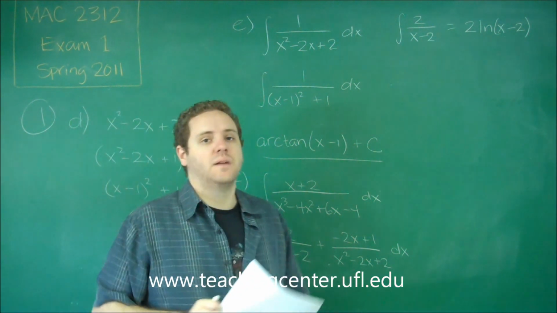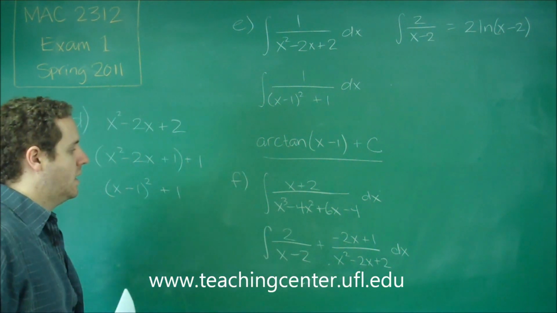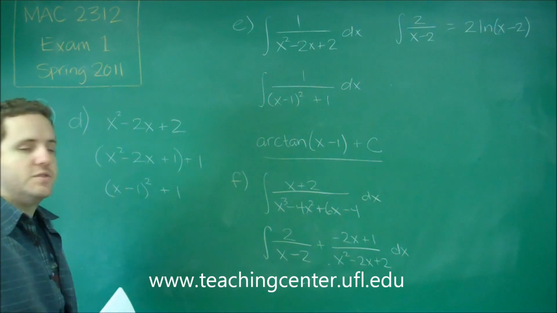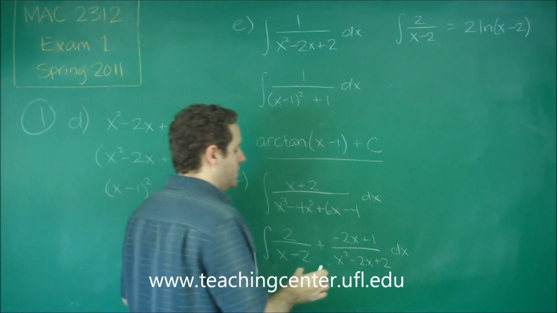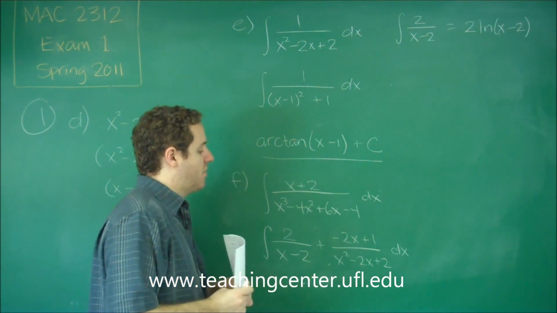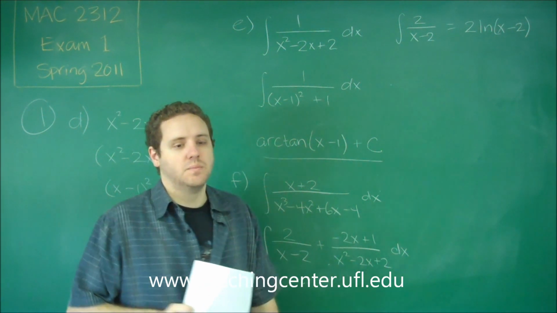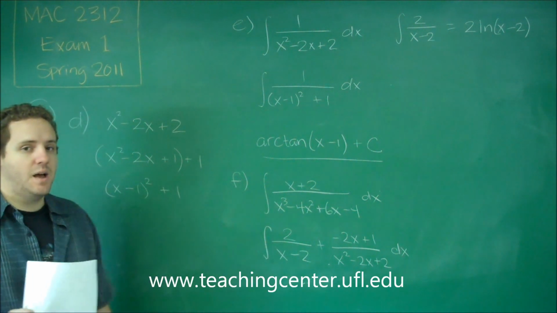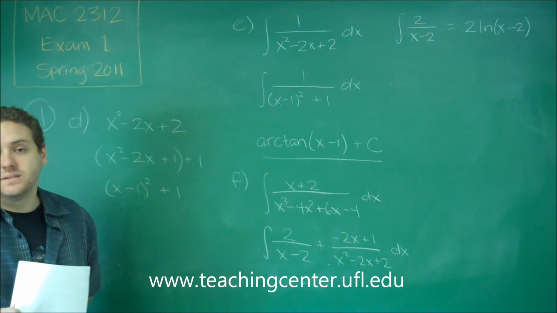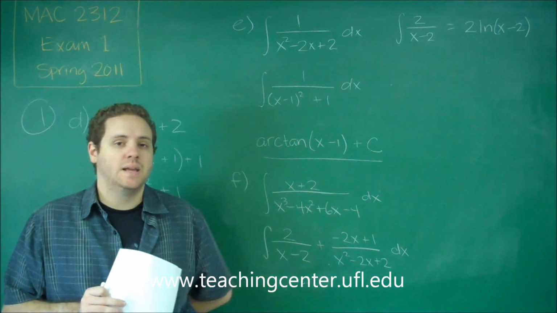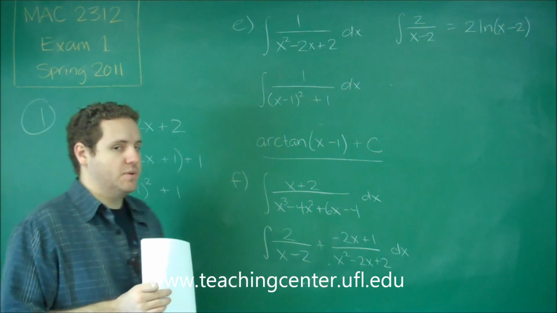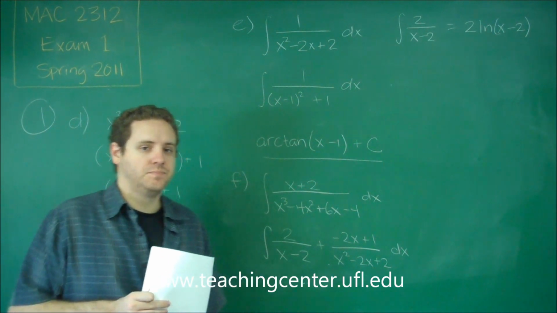Now this one we're going to have to do a little bit more work with. One thing you should always recognize in these problems is that if you have a polynomial that's 1 degree higher in the bottom than it is in the top, it has the makings of being an ln. Remember, but it's only going to actually be an ln if the numerator is the derivative of the denominator.